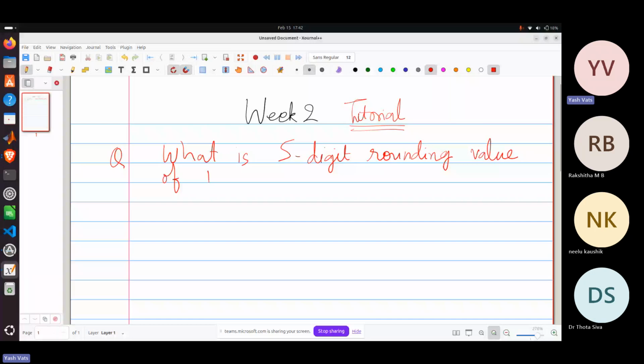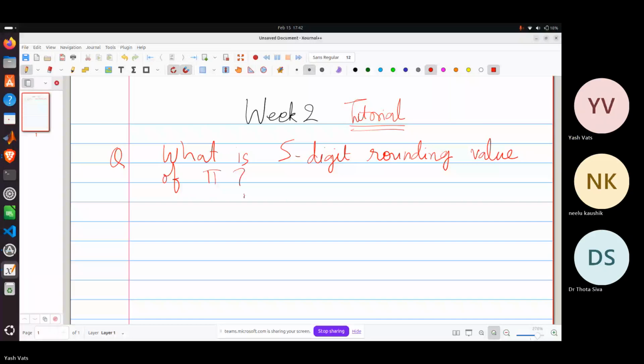There is one thing that I want to focus on, the rounding, and there is another word called chopping.